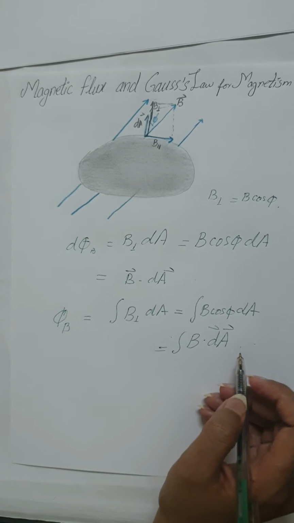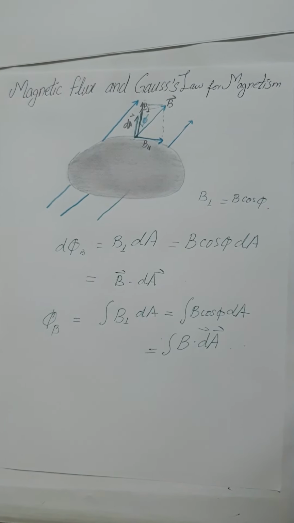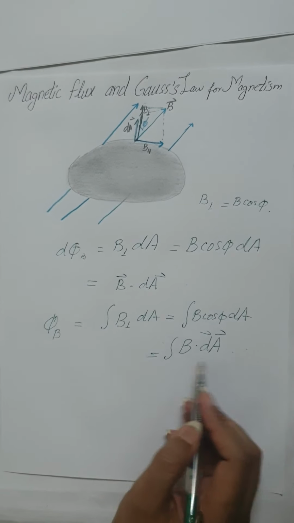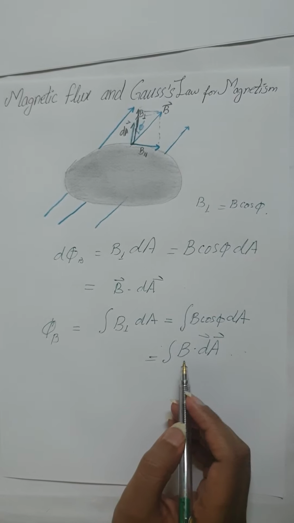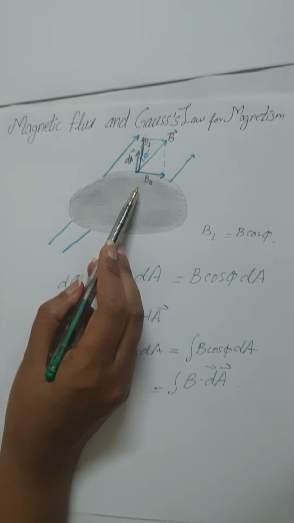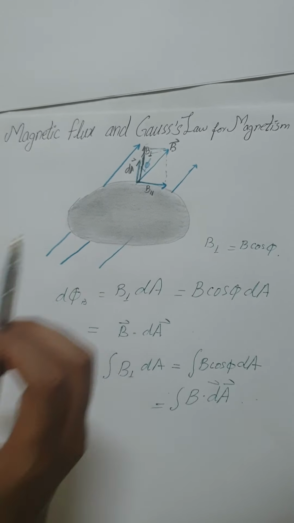Magnetic flux through a surface. If you carefully look into this expression, it will remind you of the concept of the area vector and the surface integral that we previously studied in electrostatics.